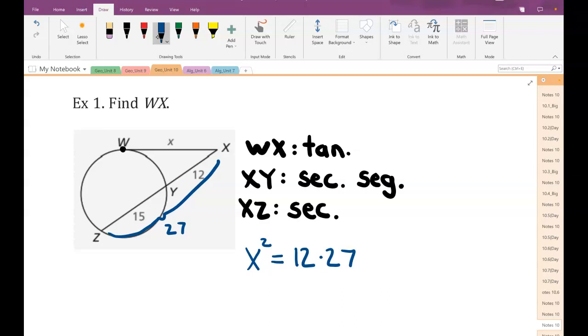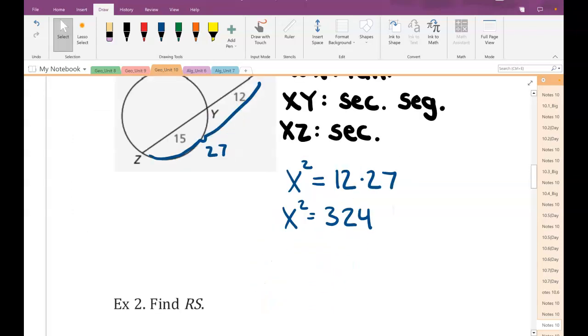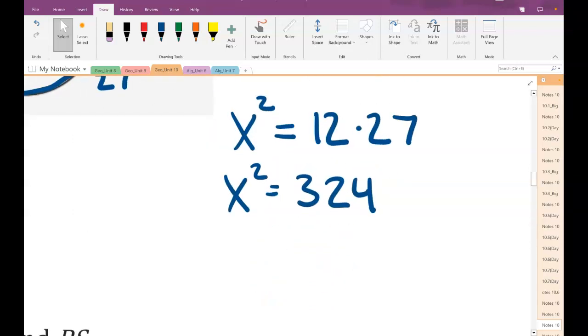Twelve times 27 is 324. So we'd say x squared is equal to 324. And then kind of going back to an algebra step, the opposite of a square is taking the square root of something.